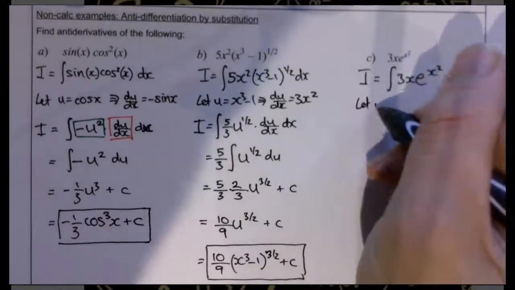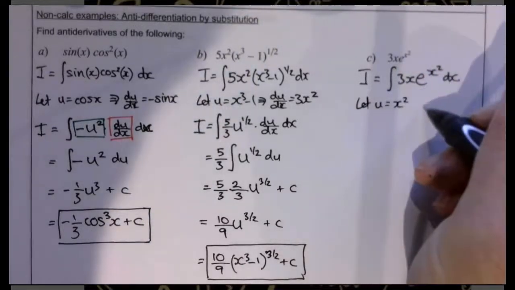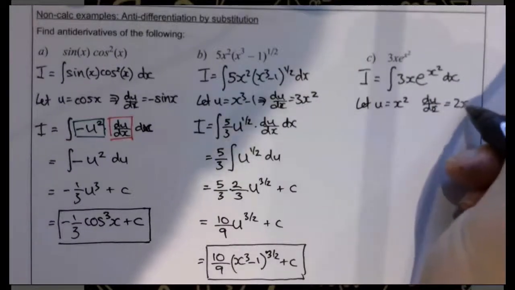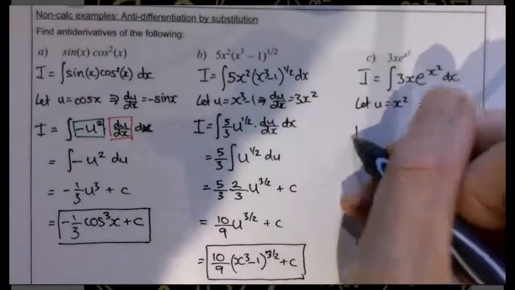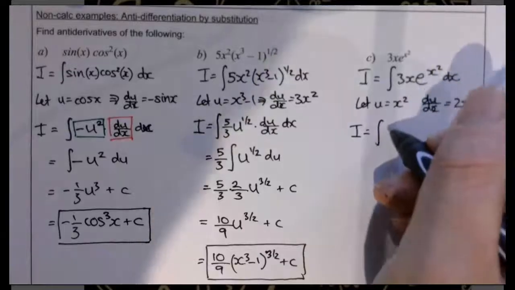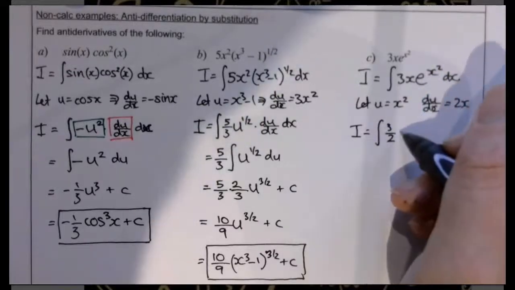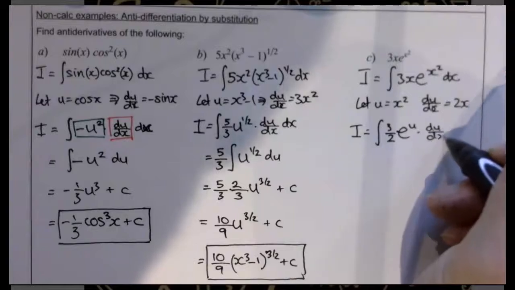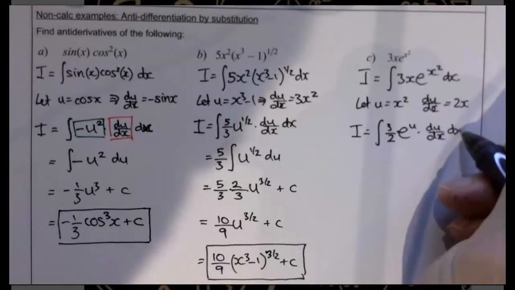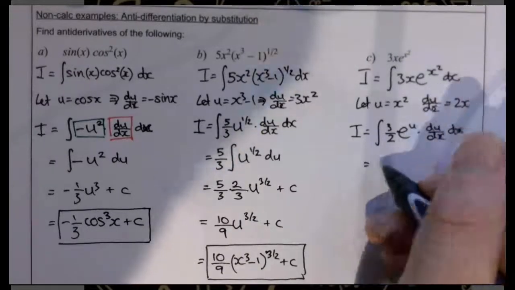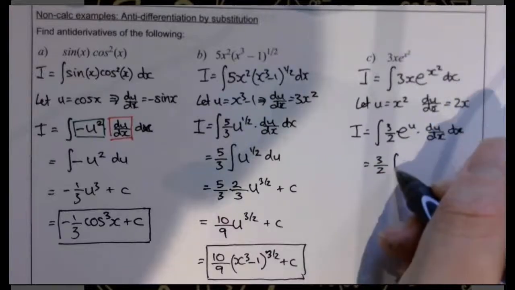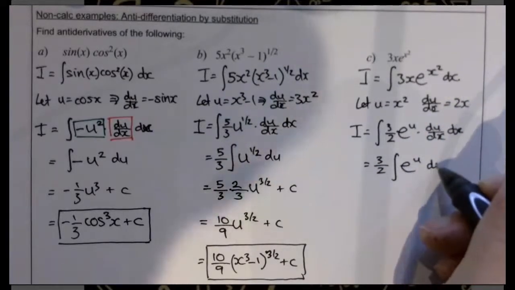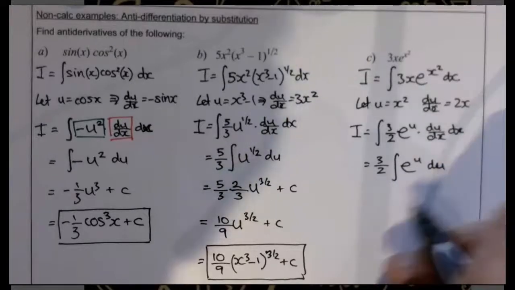We let u be x squared. We decided that before, which tells us that du by dx is 2x. So, I is the integral of 3 over 2 e to the power u times du by dx, which is the same as 3 over 2 times the integral of e to the power u du.